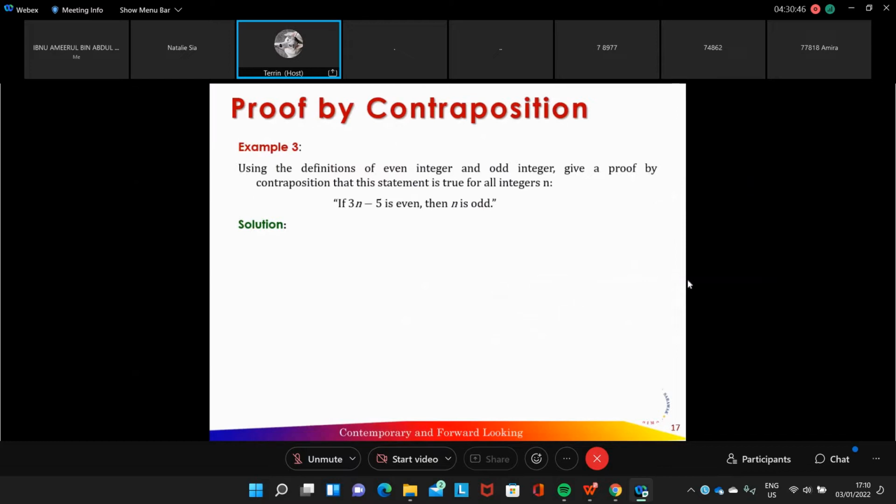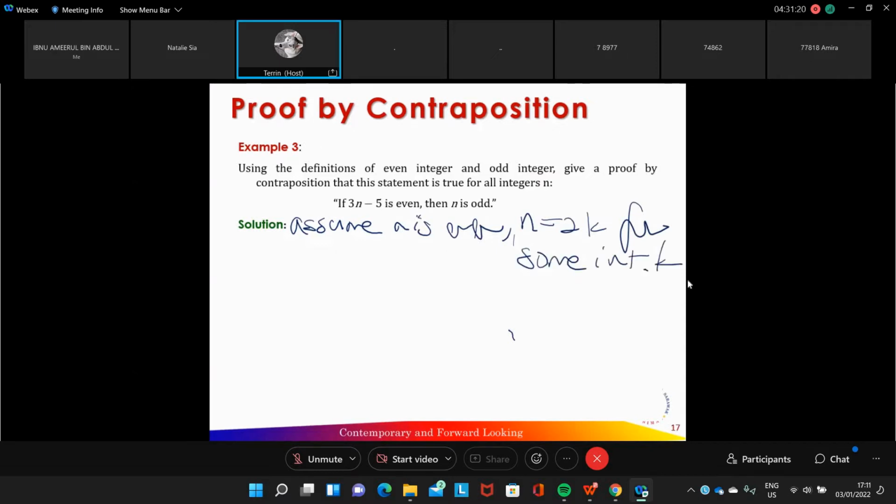If 3n minus 5 is even, then n is odd. Again, we're going to use proof by contraposition, right? So here we assume n is even. So we're going to get the case of n equals 2k for some arbitrary integer k, or some arbitrary integer j, or whatever to use.